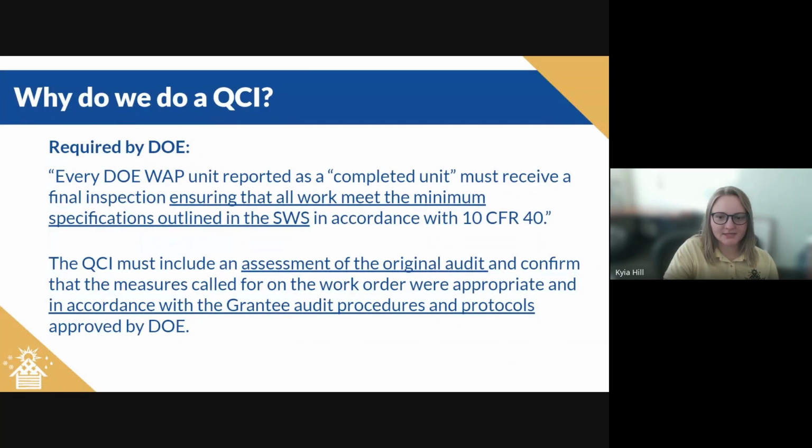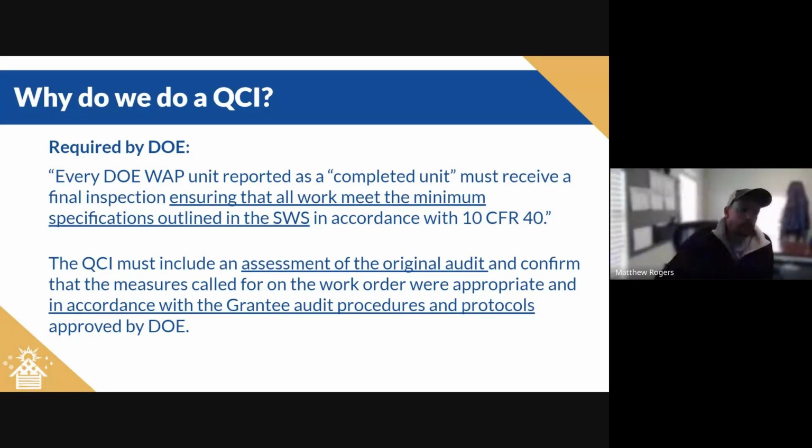All right, take it away. Yeah, sorry, there is one boring slide. We're just going to read more or less off of the slide, but this is the meat and potatoes of why we do a QCI. Every DOE WAP job or unit reported as a completed unit must receive a final inspection, ensuring that all the work meets the minimum specifications outlined in the SWS in accordance with 10 CFR 40.